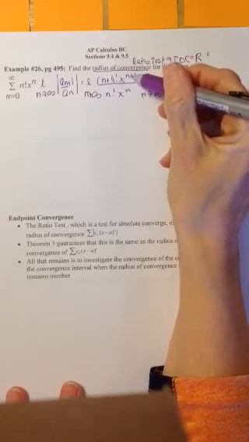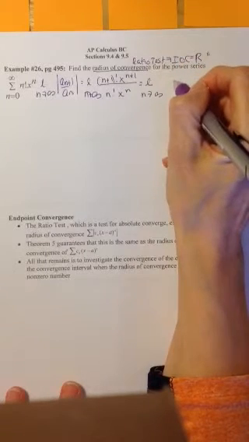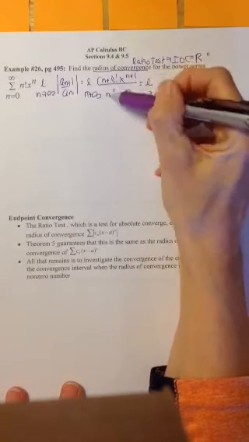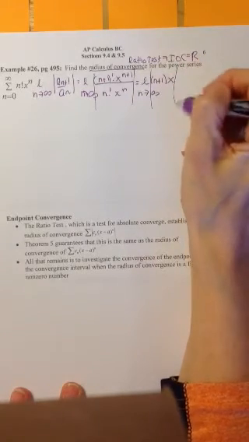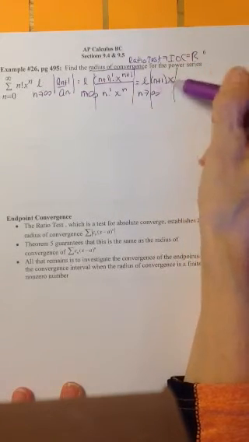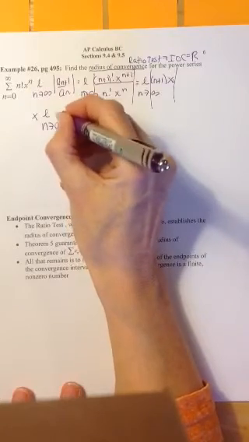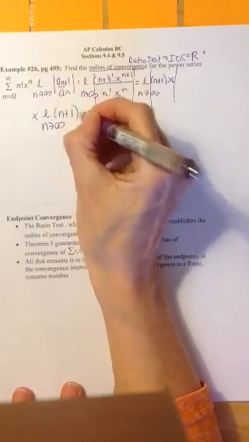If I simplify this and this, I'm left with x, and if I simplify this and this, I'm left with n plus 1. And just like before, there's no n in x, so I can bring that in front. So I'm left with x times the limit as n goes to infinity of n plus 1.